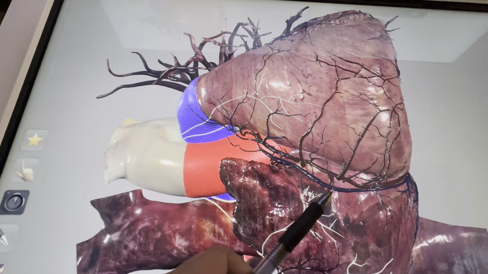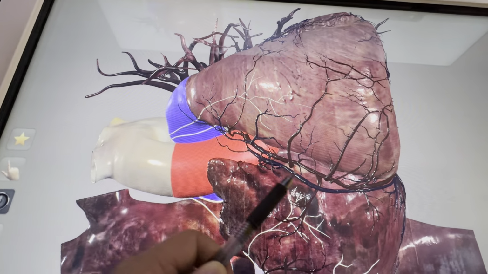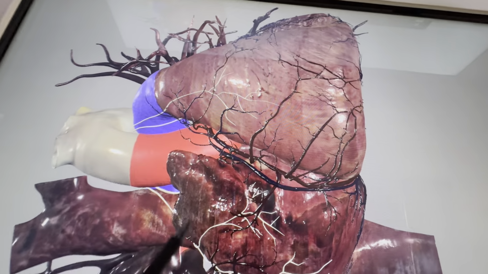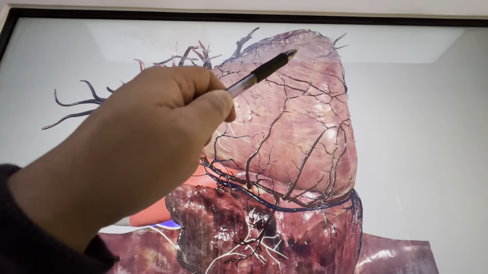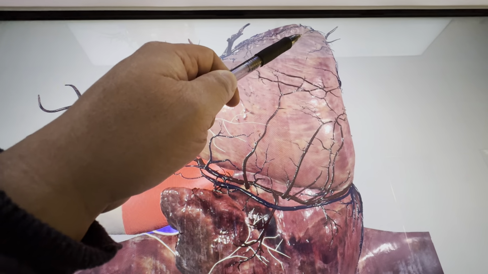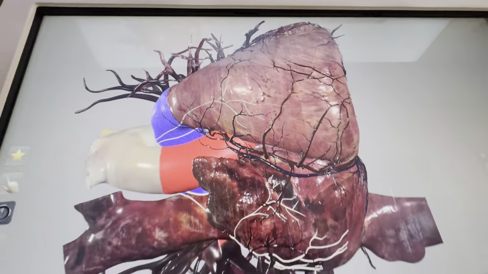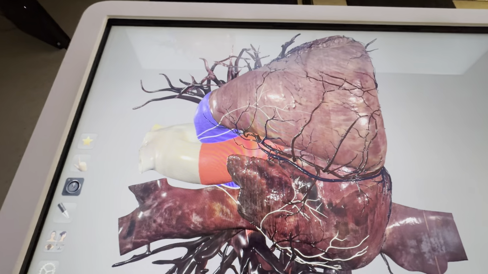And of course, these smaller vessels here, those are your coronary arteries and veins. This big area here is called your base, and this point here is the apex. Again, the way this works is you can pause it to see if you got the correct answer.